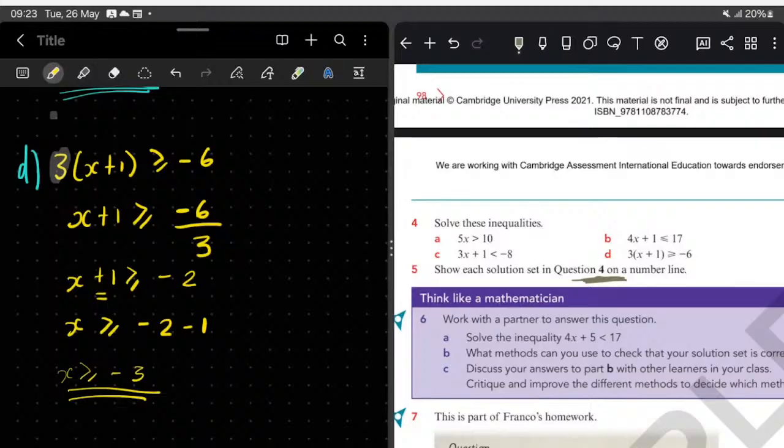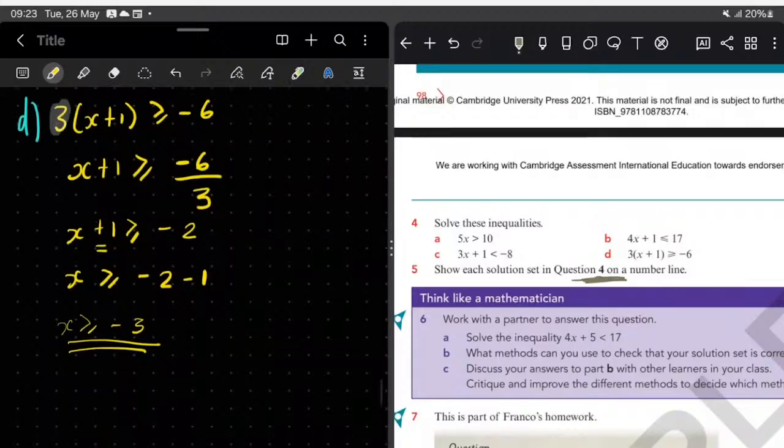And give me the solution. Tell me what solution you get.